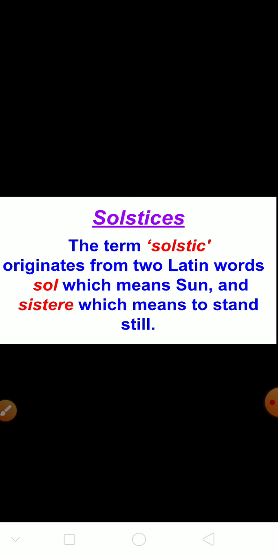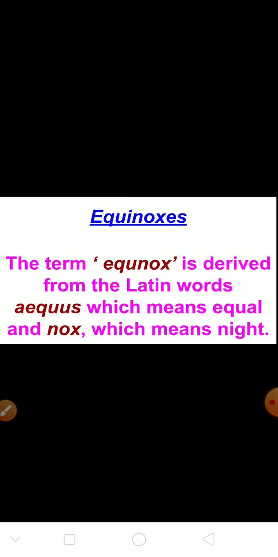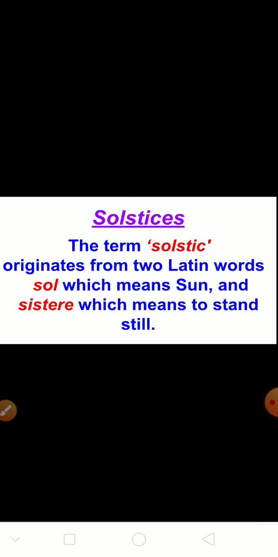See here, solstice. What is meant by solstice? The term solstice originates from two Latin words, sol, which means sun, and sistere, which means to stand still. Sol means sun, sistere means what?